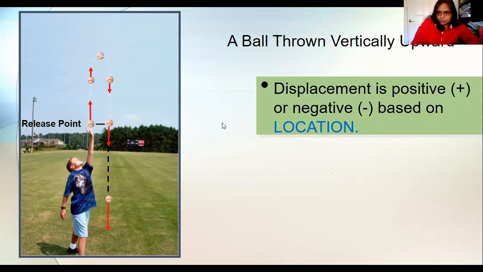The displacement, that is one quantity that we learned. Displacement is a vector, so we need to define our directions, right? So the positive or negative value of the displacement depends on the location. Here, let's say this is the 0 position. I use the letter Y because it's a vertical direction.